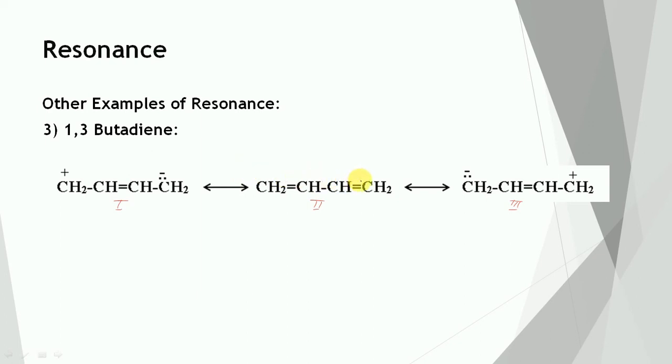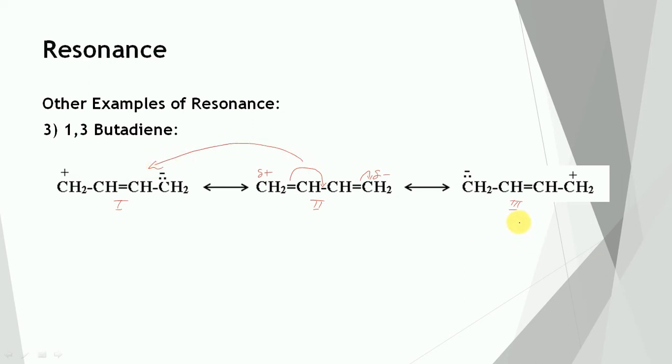If this pi bond shifts toward this side, this carbon acquires negative charge. If this pi bond shifts toward this carbon, this carbon acquires partial double bond character, and this one acquires partial positive charge. And structure number 1 gets formed.